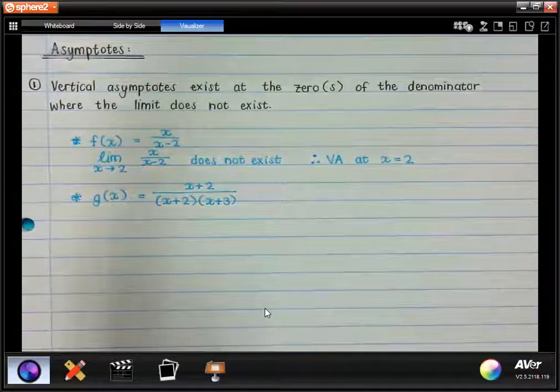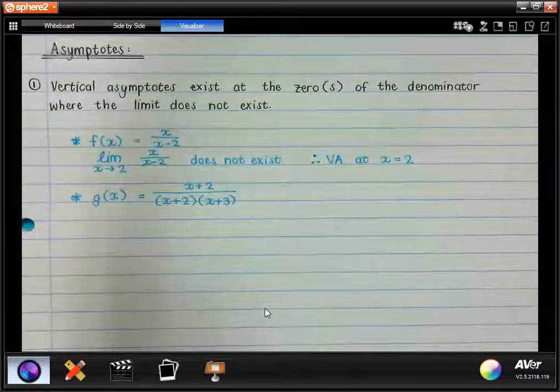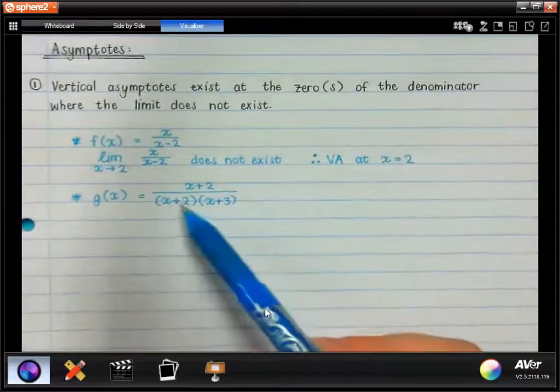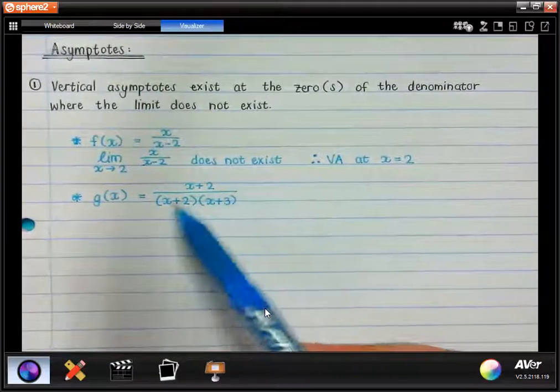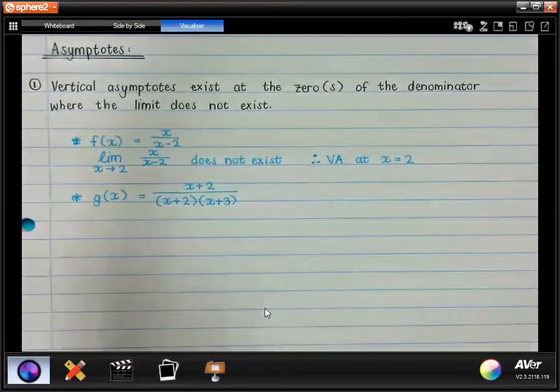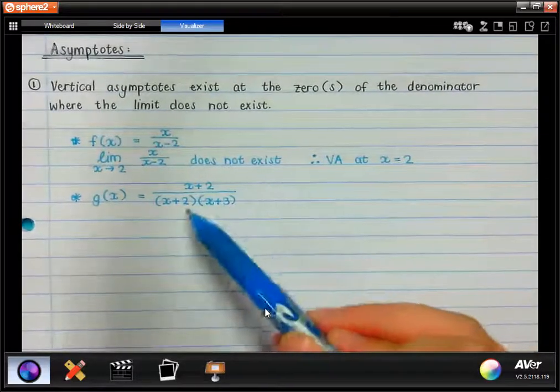Do we notice that this function now has, or the denominator of this function rather, has 2 zeros? We used to refer to them as critical values, right? X equals -2 and x equals -3. So now we need to check, does the limit not exist at both of those values? Because then we're going to have 2 vertical asymptotes. All right, what do we notice?